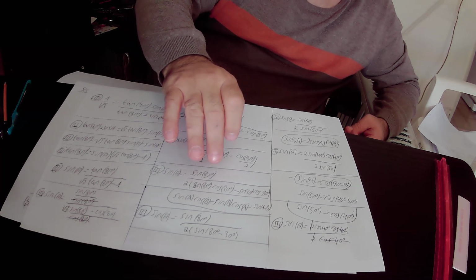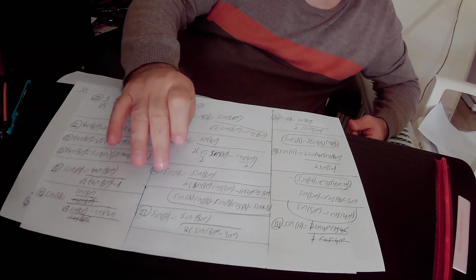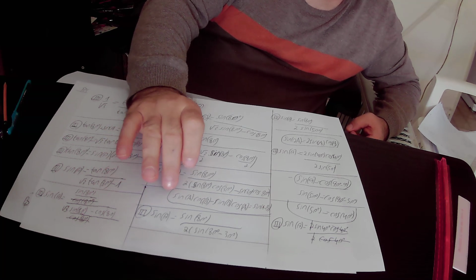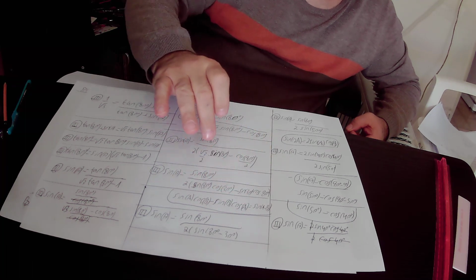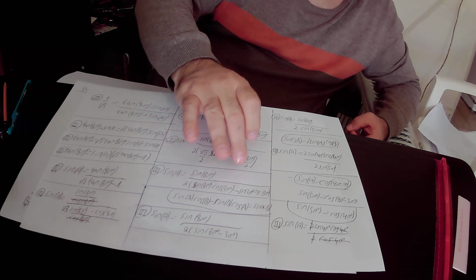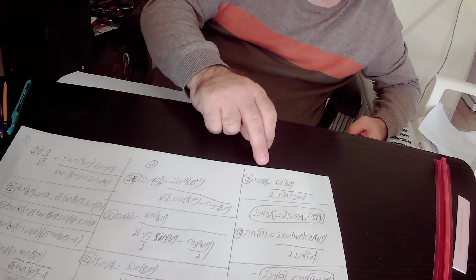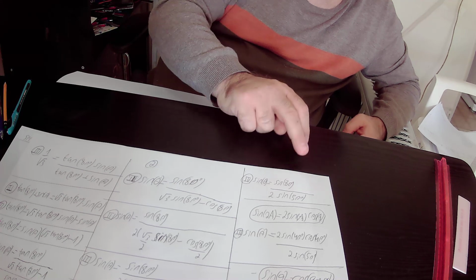So sine A minus B is actually sine 80 degrees minus 30 degrees. So in conclusion, according to equation number 3, sine theta equals sine 80 degrees over 2 times sine 80 degrees minus 30 degrees. 80 degrees minus 30 degrees is 50 degrees, so sine theta equals sine 80 degrees over 2 times sine 50 degrees.